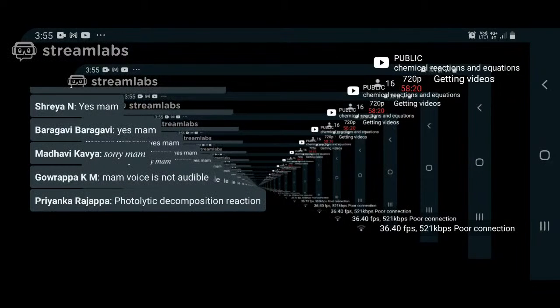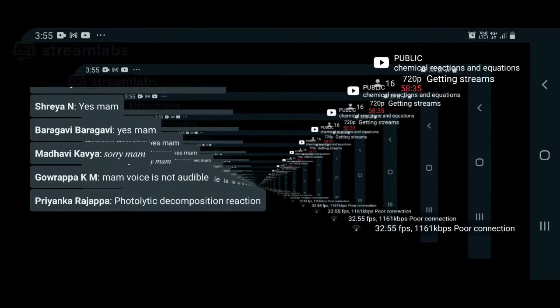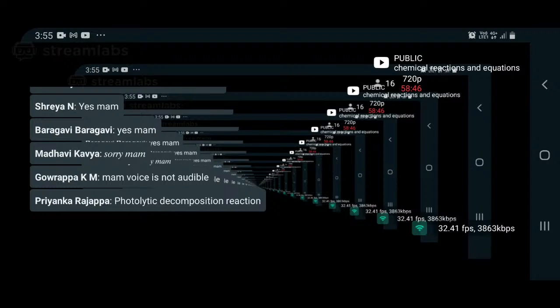Okay. Till now, we have come across three types of decomposition: thermal decomposition, electric decomposition, and photolytic decomposition. Calcium carbonate to calcium oxide and carbon dioxide is thermal. Electrolysis of water is electric decomposition. Silver chloride to silver is photolytic decomposition.